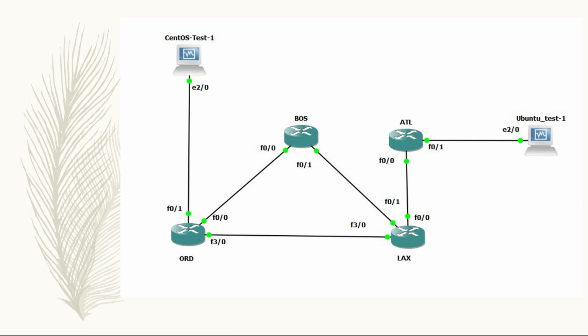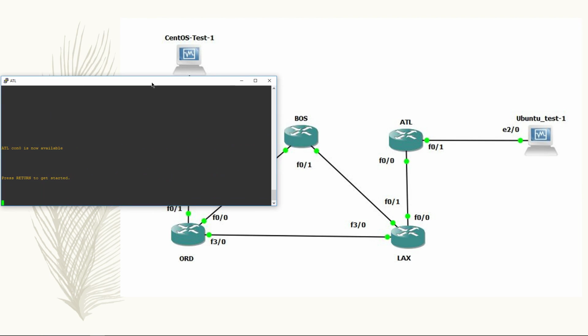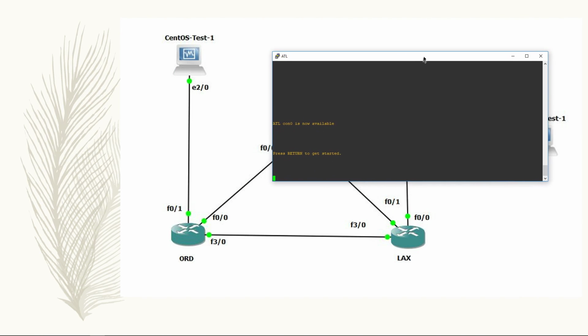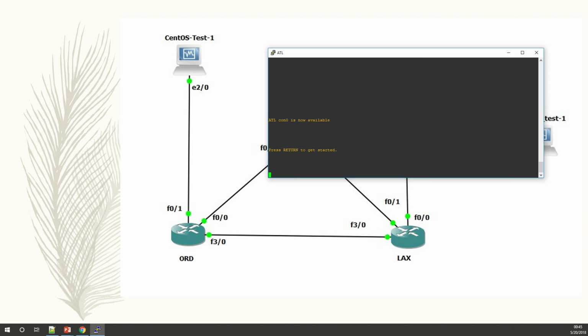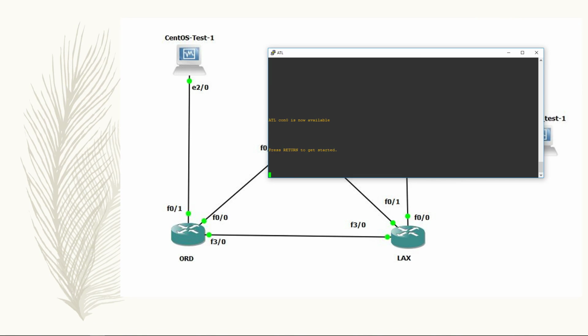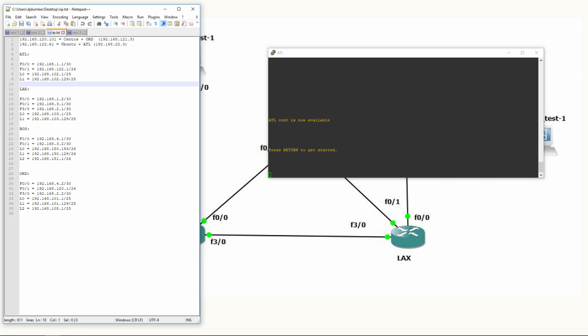For simplicity's sake, we're just going to configure one router for both SSH and Telnet, and I have pre-configured the other 3 already. After we've configured this one, we're going to see in Wireshark how the 2 protocols behave.